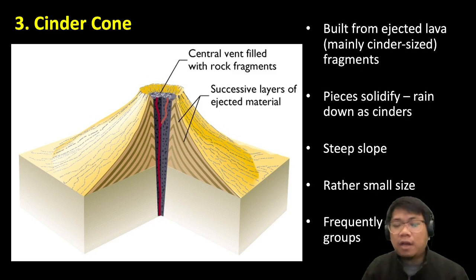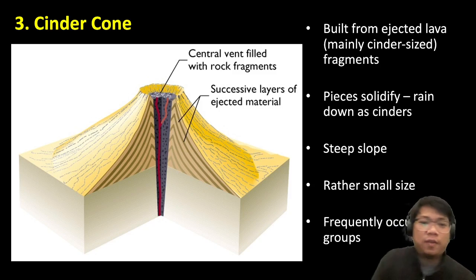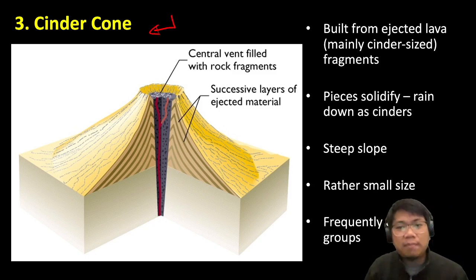And the last type of volcano that I would like to mention in this lecture is called cinder cone. Okay, cinder cone is built from ejected lava, mainly cinder-sized fragments, and they are mostly loose fragments.